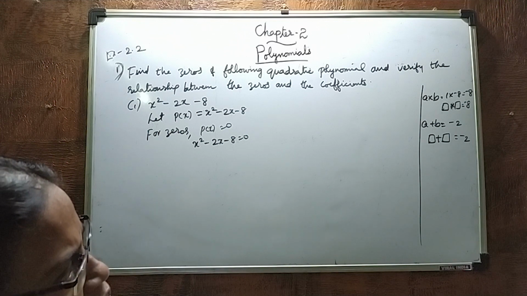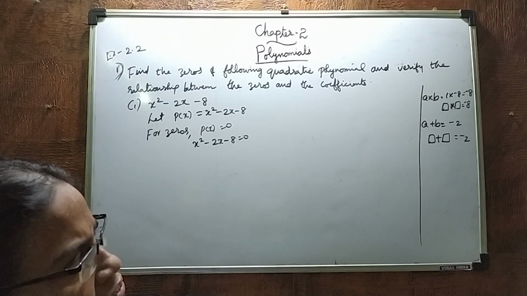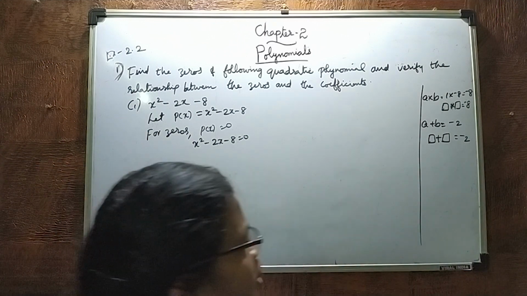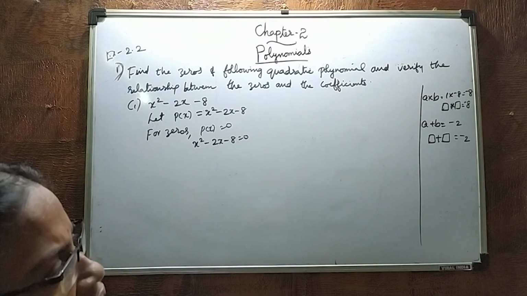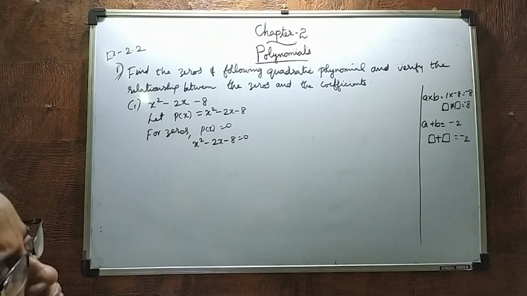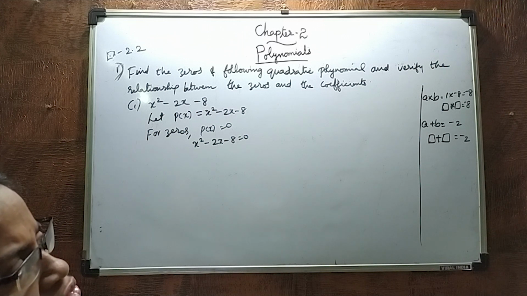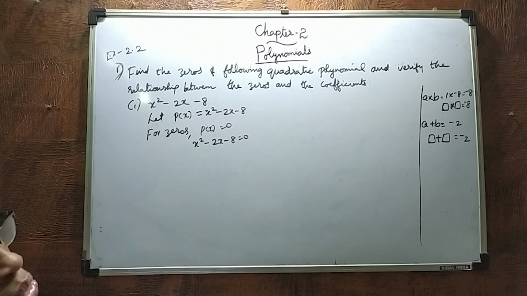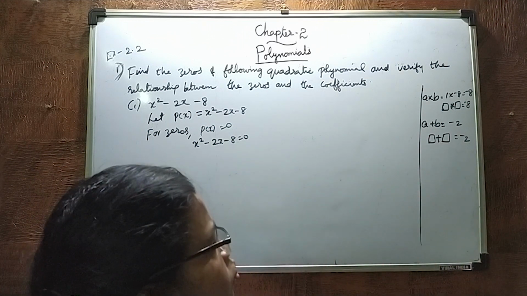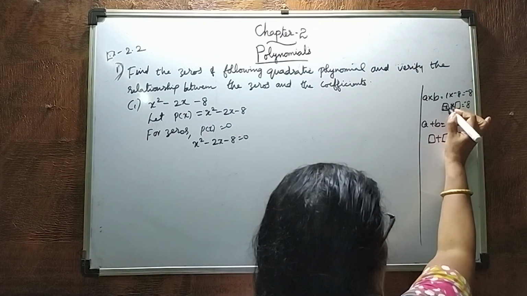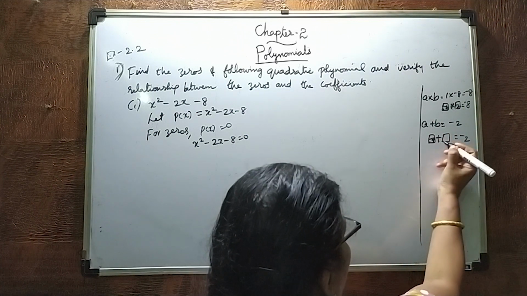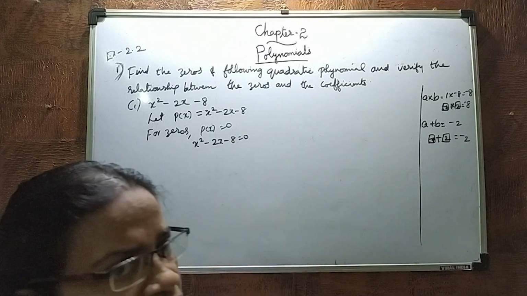Which numbers multiply to give negative 8? 1 into 8 is there, but when you subtract or add you do not get 2. Then 4 into 2 is there, and one of them should be negative. So negative 4 and 2: negative 4 into 2 gives negative 8, and negative 4 plus 2 gives negative 2.